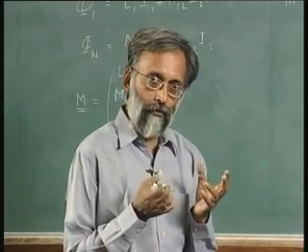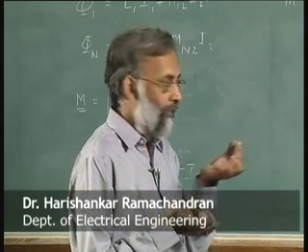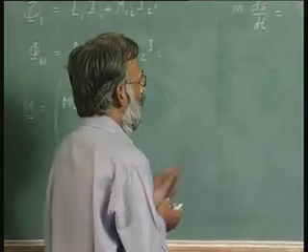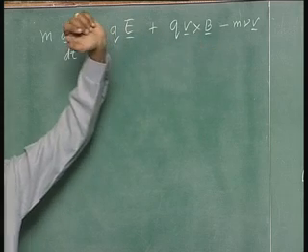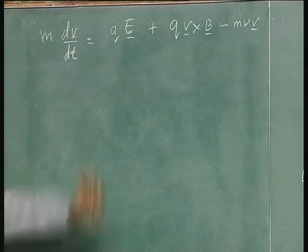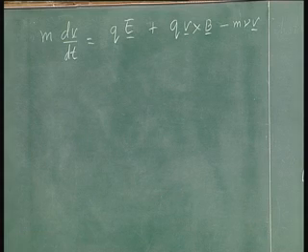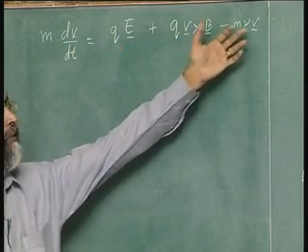Once the dust is formed out of the gas, it is actually quite heavy. It is a micron sized dust particle, and that dust particle not only responds to the electric and magnetic fields, it starts responding to the gravitational field. So then I would have an mg there. But for this problem, let us assume that we do not have any such system. So we have only electric field, magnetic field and friction.